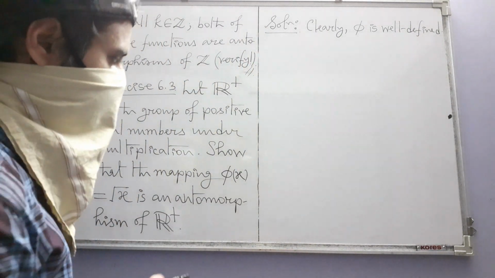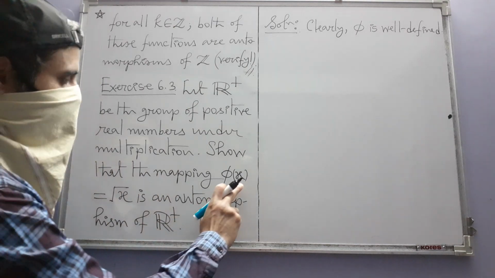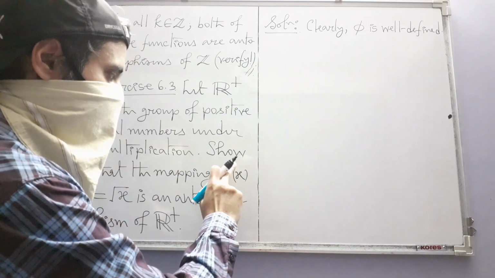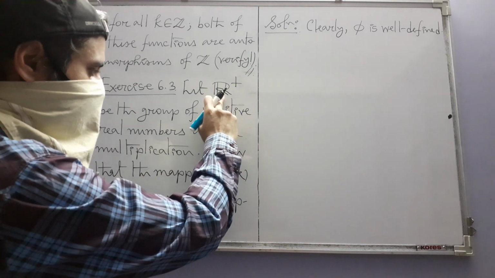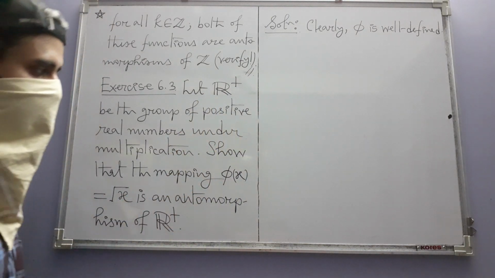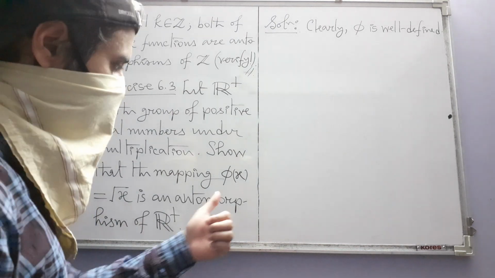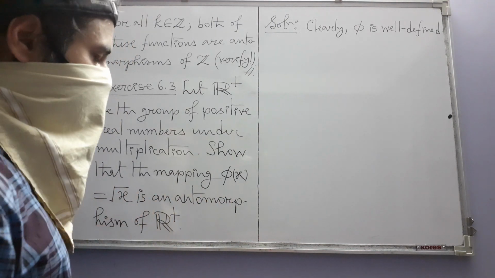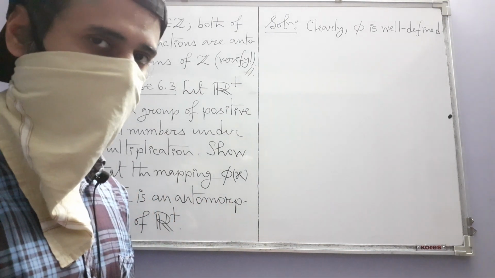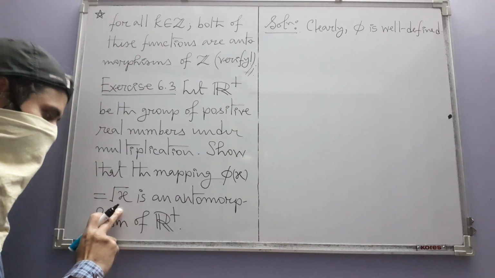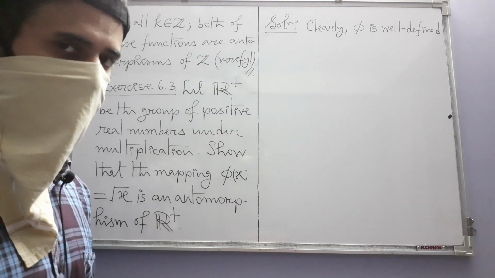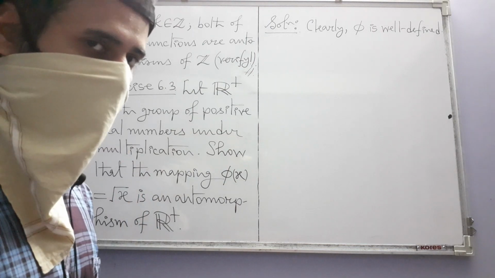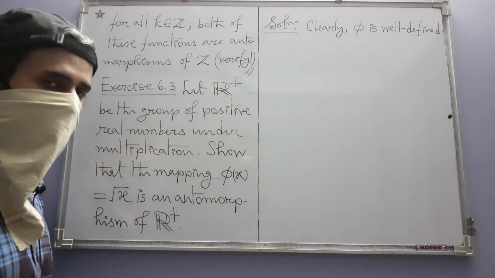The reason is that if we are given any positive real number, that means any x from here, then from real analysis we know that it has a positive square root, which is a positive real number itself whose square is equal to the given real number. It exists and it is unique, and that is why phi is well defined.